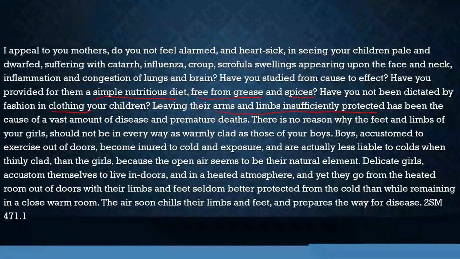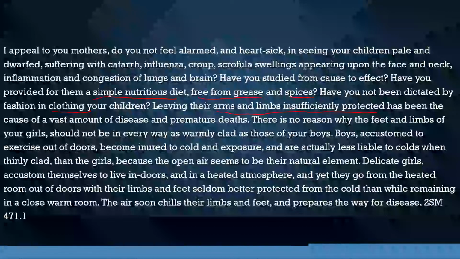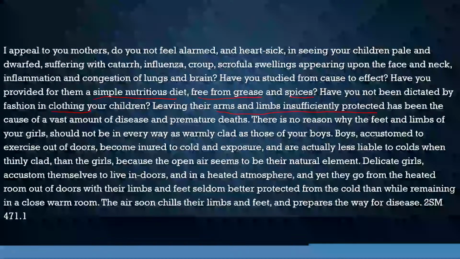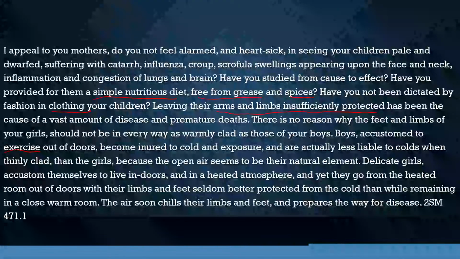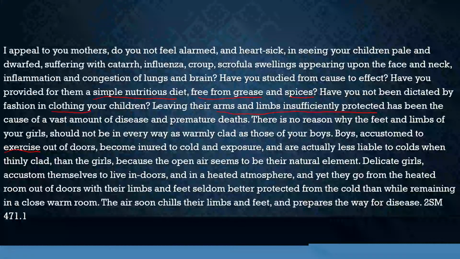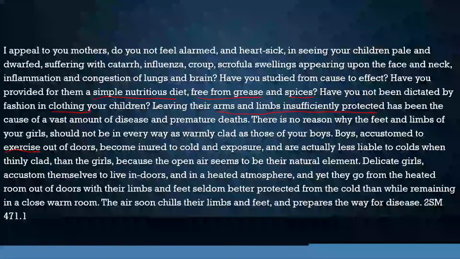Delicate girls accustom themselves to live indoors and in a heated atmosphere, and yet they go from the heated room out of doors with their limbs and feet seldom better protected from the cold than while remaining in a close, warm room. The air soon chills their limbs and feet and prepares the way for disease.